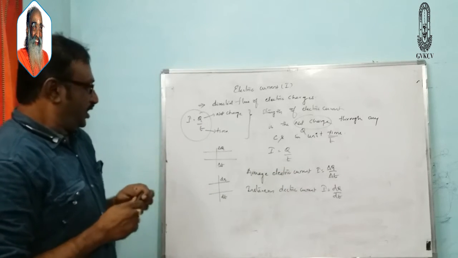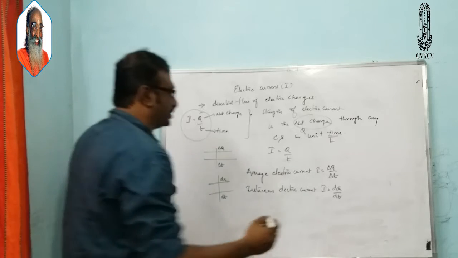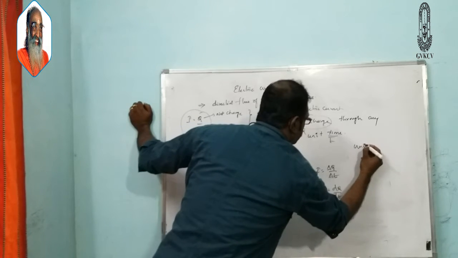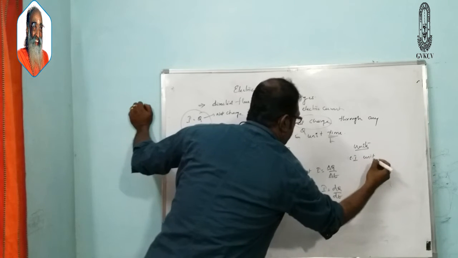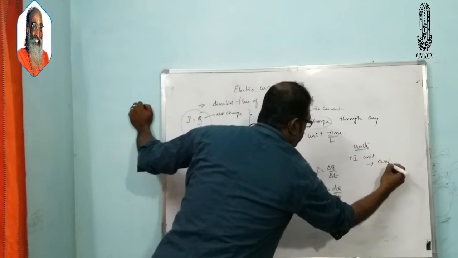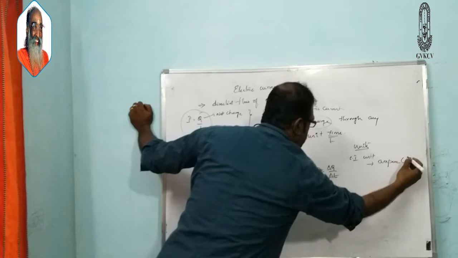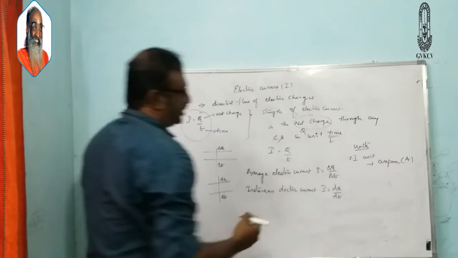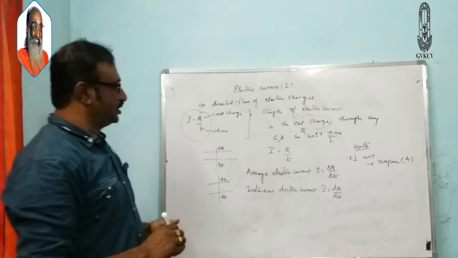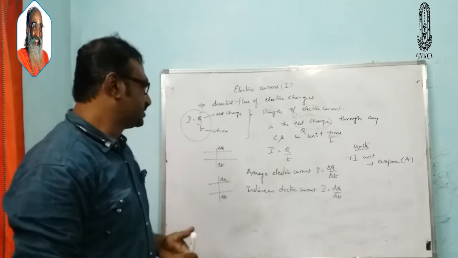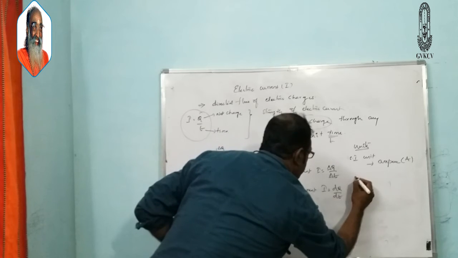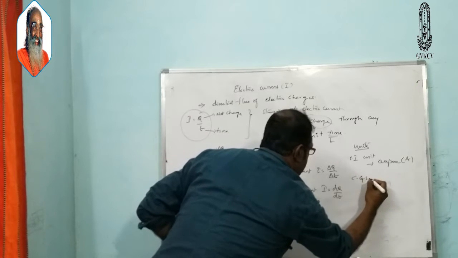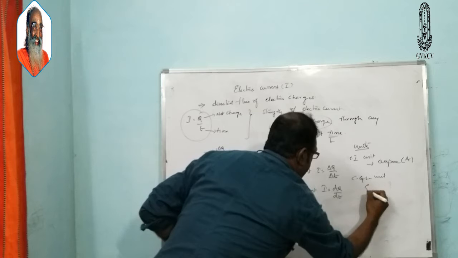Okay, and let us talk about the units. The SI unit is ampere, symbol A. It is in honor of a French scientist, Ampere. The CGS unit is stat ampere.